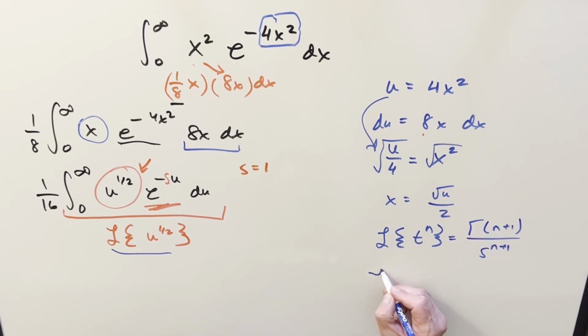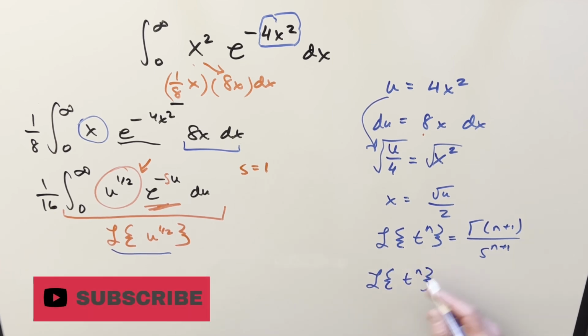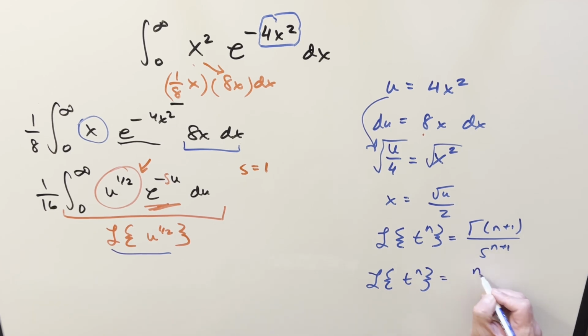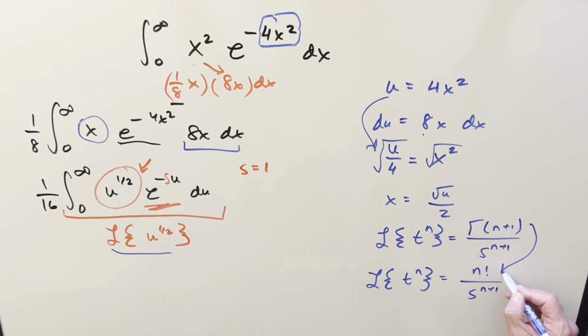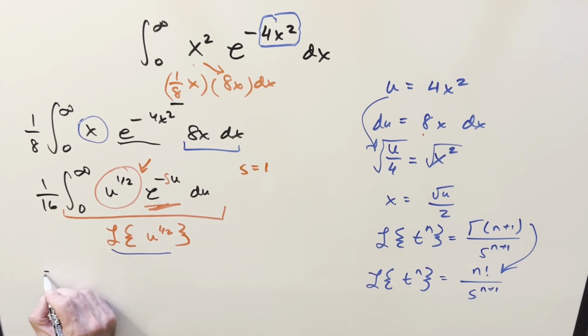And actually, let's look at that formula if it was an integer, just because it's pretty quick, and we'll see the relation of the gamma function to the factorial. So the formula for this would be n factorial over s to the n plus 1. That's just because when n is an integer, the gamma of n plus 1 is the same thing as n factorial. So we'll go ahead and use this formula here, but first we've got the 1 over 16 in front.